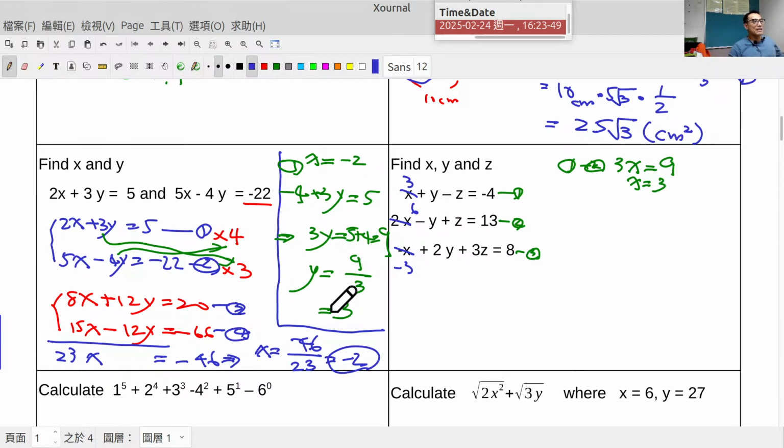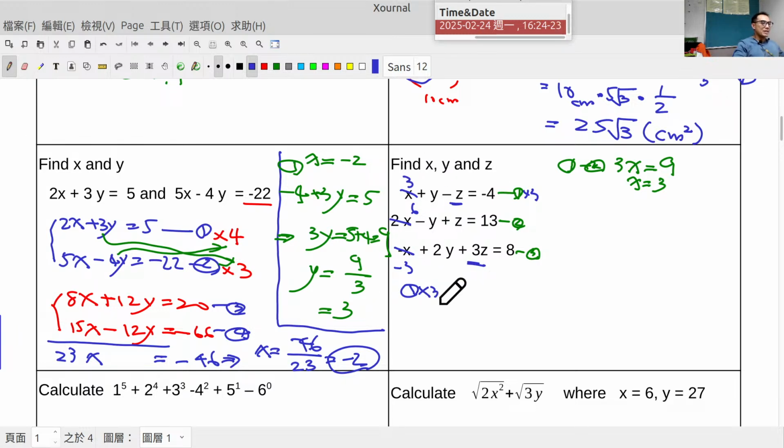If I plan to cancel z, for example, minus z and 3z, I multiply by 3. I will rewrite line 1 times 3. The 3 moves here, it becomes minus 7. Get it?